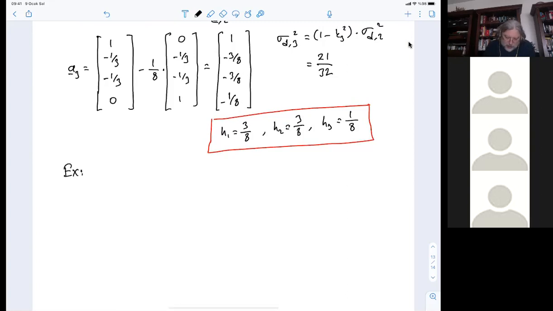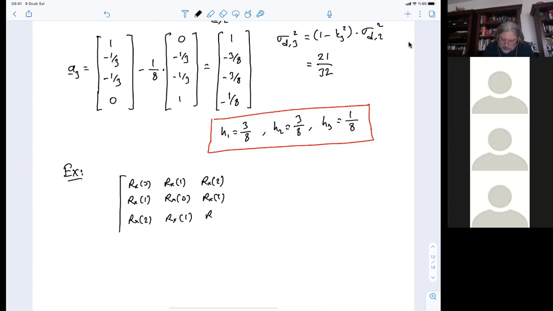If you don't want to solve it in a recursive manner, but solve it using the vector matrix notation, the third order filter determination would be like this. It would be Rx0, Rx1, Rx2, Rx1, Rx0, Rx1, Rx2, Rx1, and Rx0.